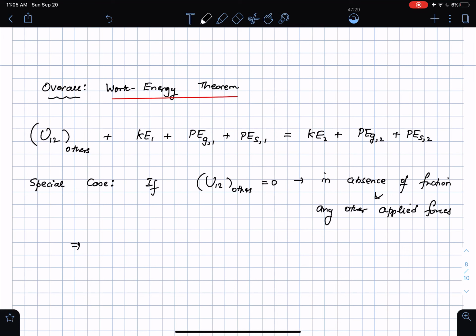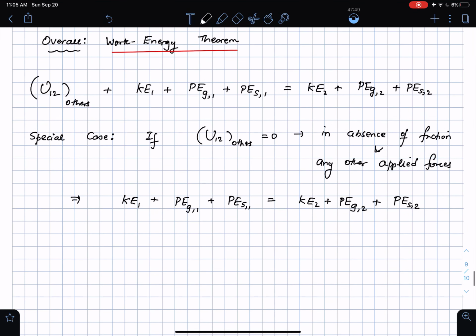Then I get KE1 plus PEG1 plus PES1 is equal to KE2 plus PEG2 plus PES2.